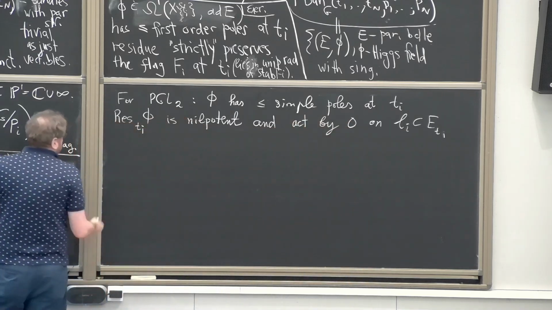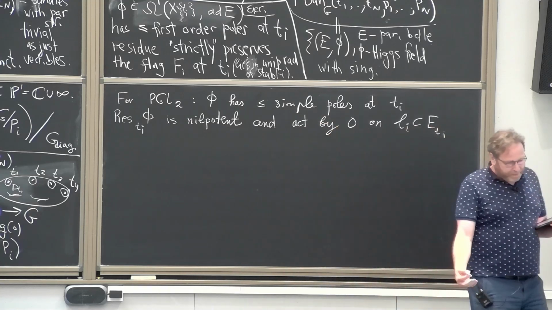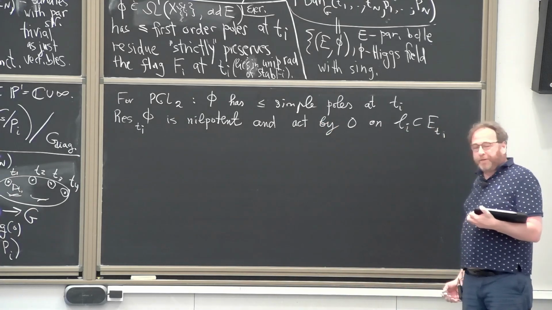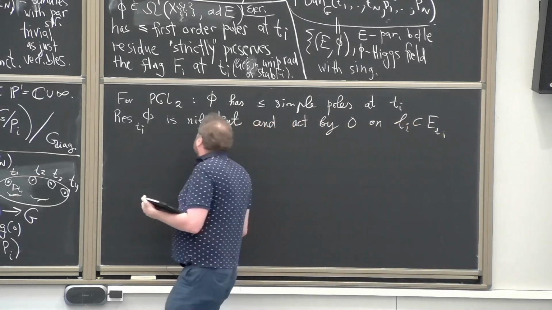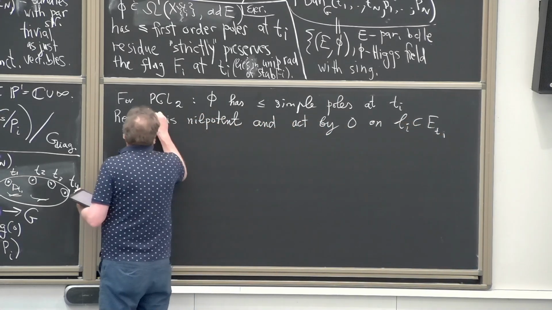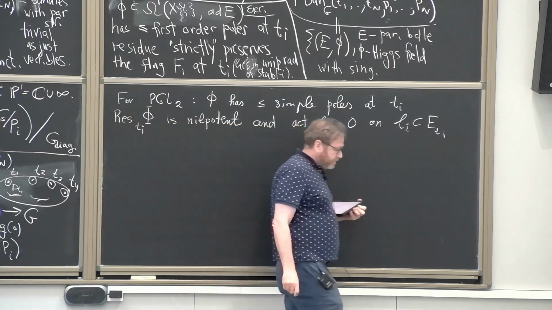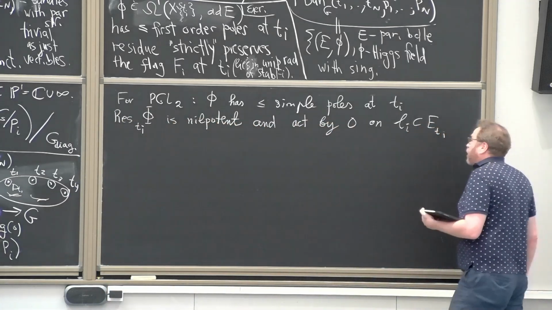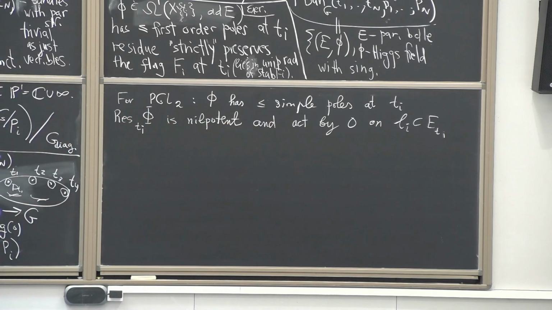So, by the way, when I talk about residues, you might object and say that we can only talk about residues of differential forms. Well, in our case, it's a differential form with values in some bundle.